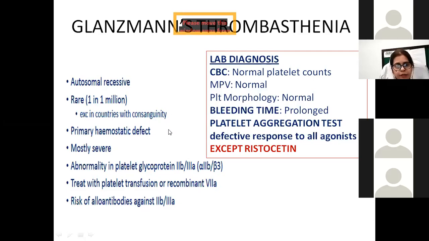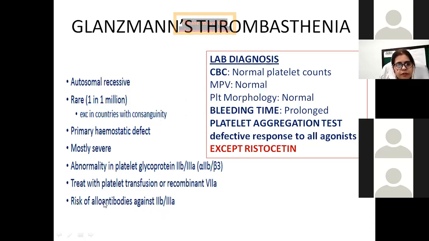When they present with bleeding, we transfuse them normal healthy platelets. This is what we do in Glanzmann's thrombasthenia as well, but the risk of development of alloantibodies is high because the transfused platelets contain the normal receptors.